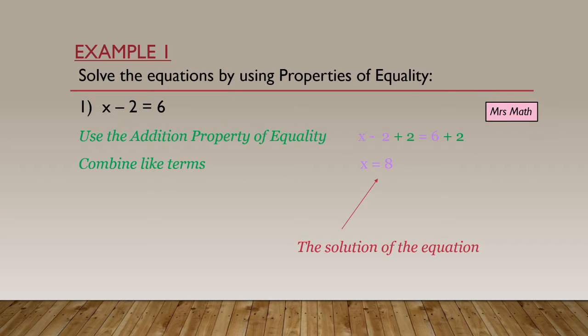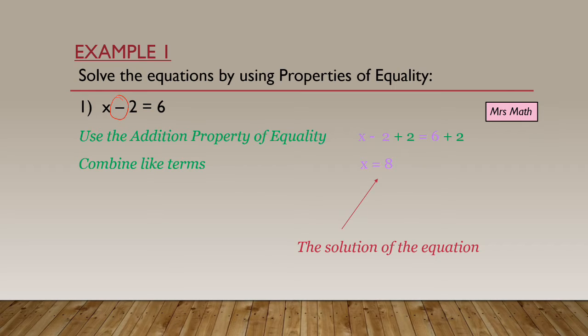Example: solve the equation by using properties of equality. We have the equation x minus 2 equals 6. To solve an equation, we need to know the value of x that makes the equation true. To do this, we first use the addition property of equality to get rid of the minus sign.